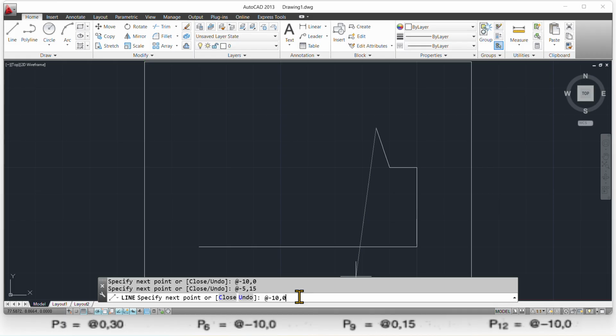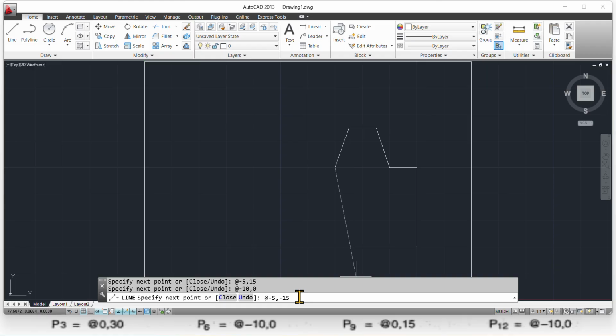Then again we are moving in the negative x and the negative y direction, so @-5,-15.